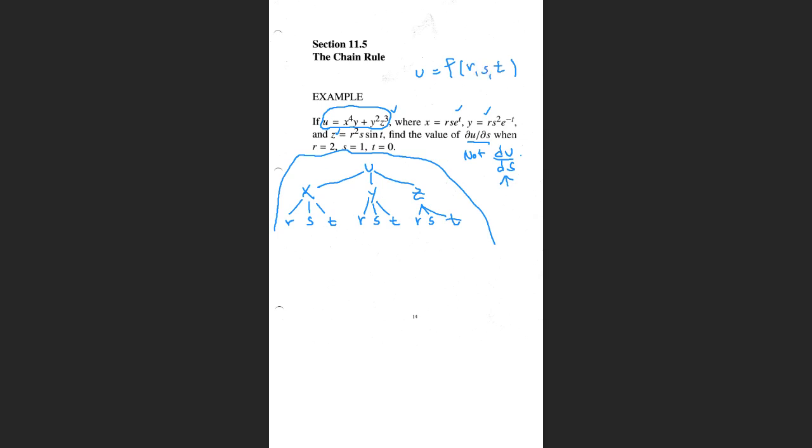So you can't say find du ds because u is a function of three variables, not just one. That's why they say find the partial derivative of u with respect to s. Are there any questions on that? I want you to be comfortable with notation and everything.